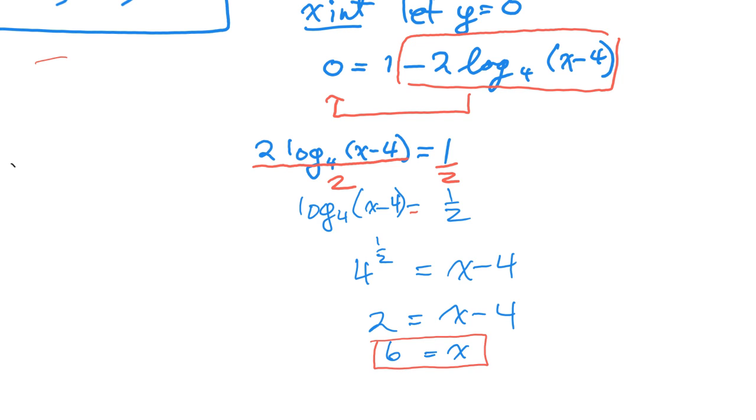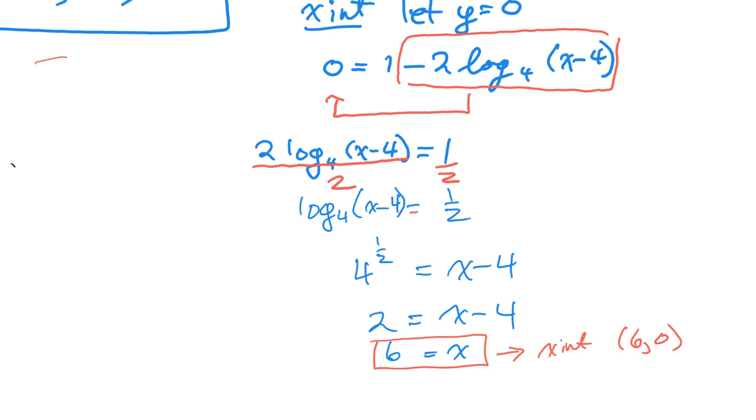So that means our x-intercept is (6, 0). So now we also have to calculate the asymptote. So let's go and do that.